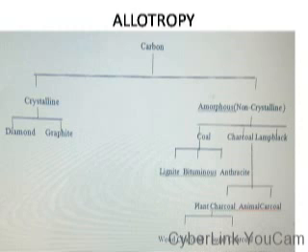The crystalline allotropes of carbon are of 2 different types: diamond and graphite. The non-crystalline form can be classified into 3. We have coal, we have charcoal, and we have lamp black or soot.